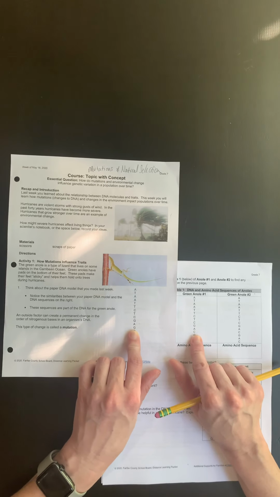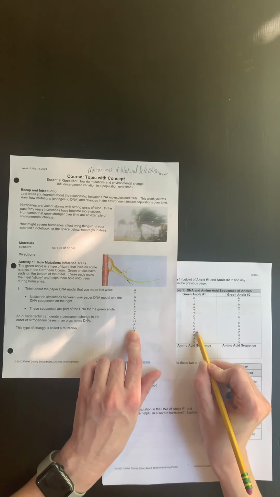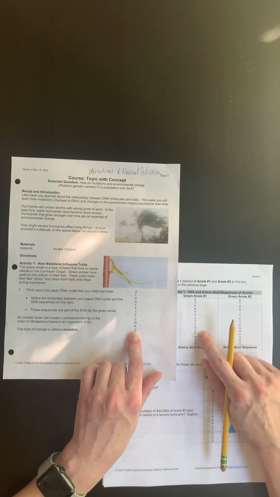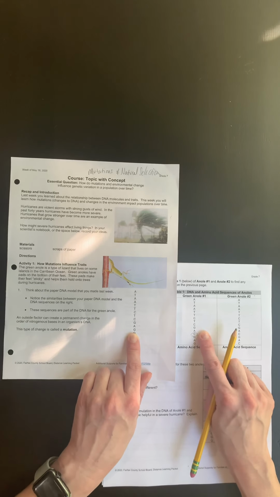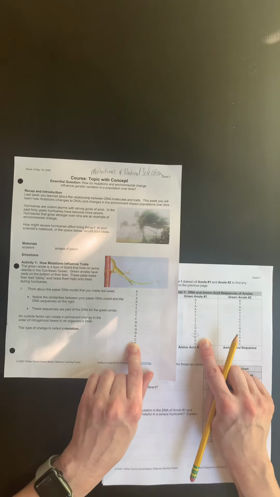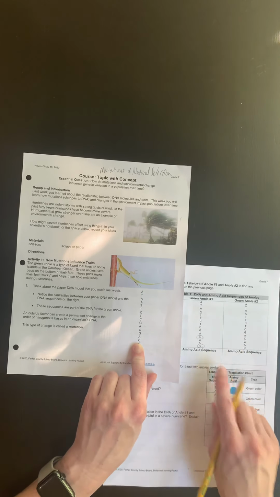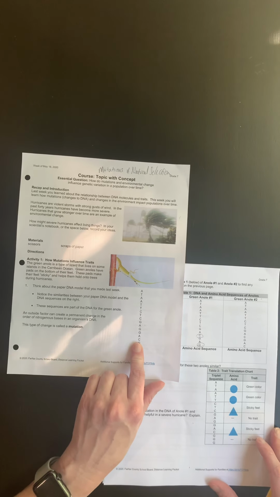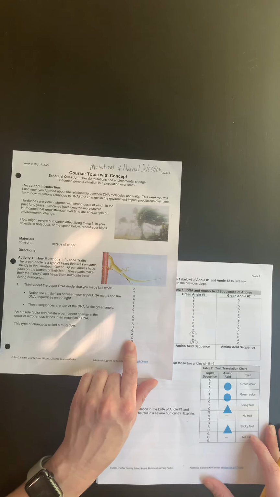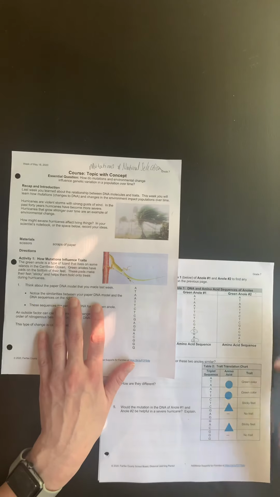As I am looking, I first see a difference for green anole number 1. A G is replaced with a C in table 1, and then we have a C replaced with a G here. So these are some differences that we see in the code, and we'll see if these differences mean anything later on.